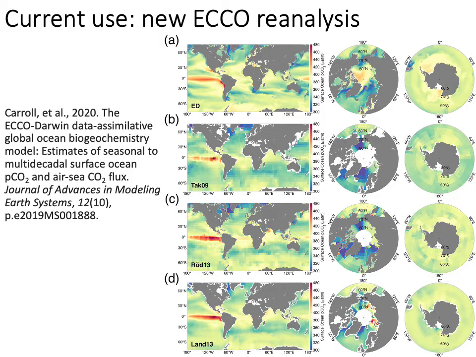One current use is this new ECCO analysis by the MIT group, showing the ability to ingest observations in a fully comprehensive and internally consistent representation of ocean biogeochemistry, which compares well with other reanalysis products.